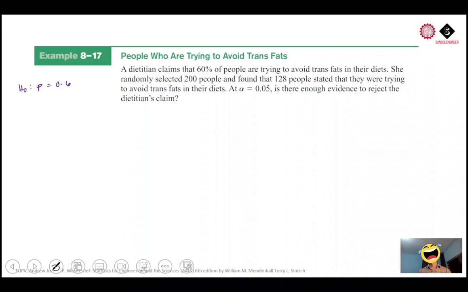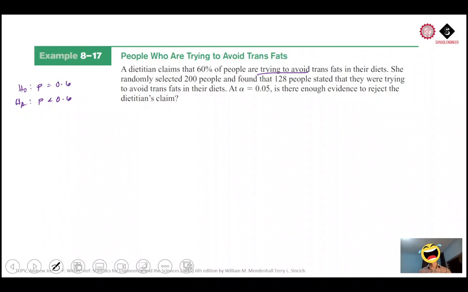I think the alternative is that the proportion is less than 0.6, because trying to avoid means... oh no. The amount of trans fat is not the concern here, but the proportion of people who try to avoid trans fats.